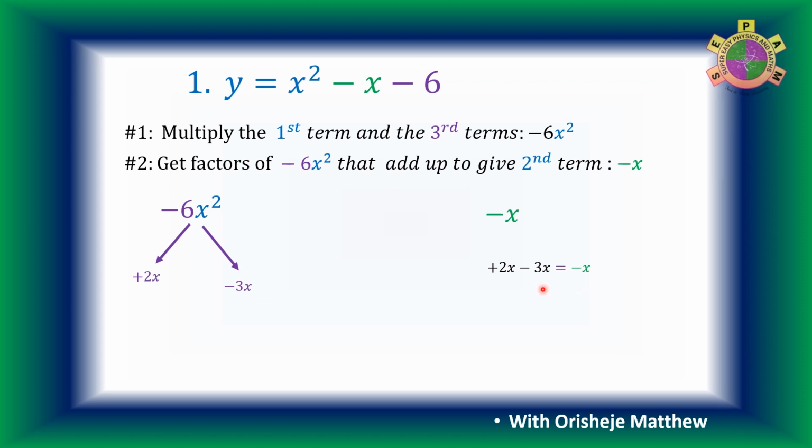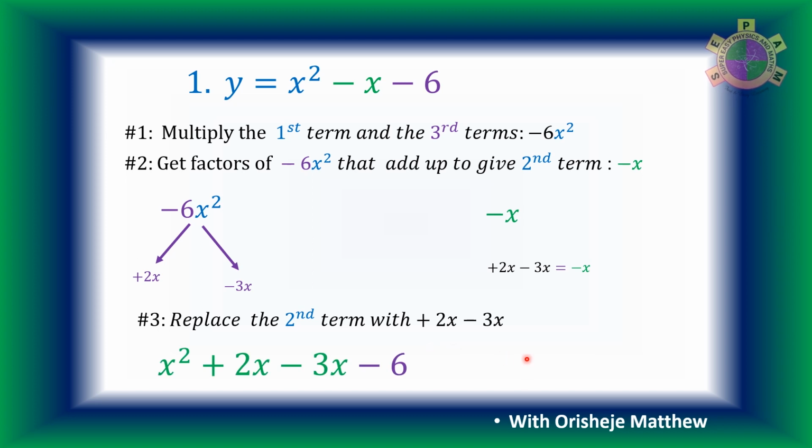The next step is to replace negative x with plus 2x, take away 3x. So you replace that in the next place. So we have replaced it. The next thing, we have to group it.